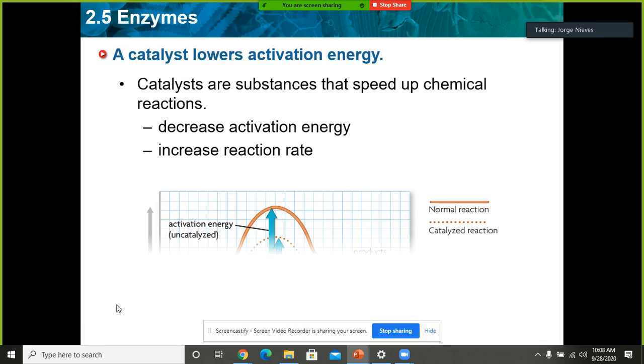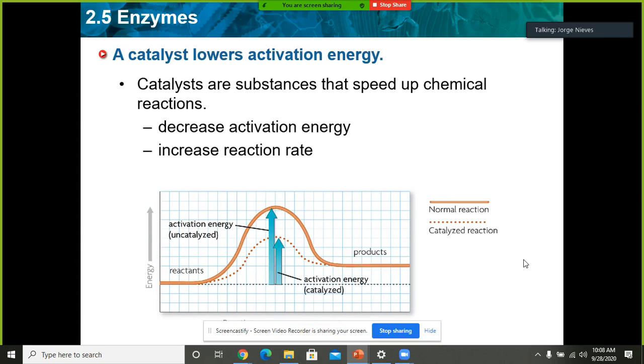Okay, we can see in this diagram how this works. You see that the uncatalyzed reaction, that means it doesn't have the catalyst, has a higher activation energy. What happens when we use a catalyst? The activation energy decreases, so we need less energy to start the chemical reaction. ¿Lo pueden ver?